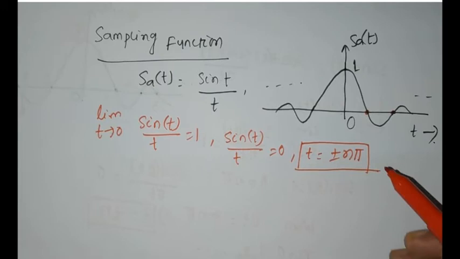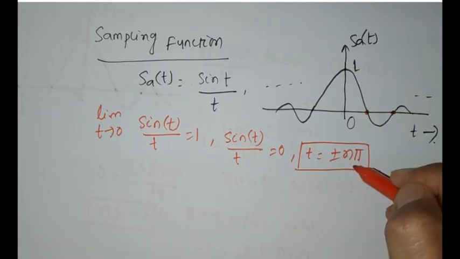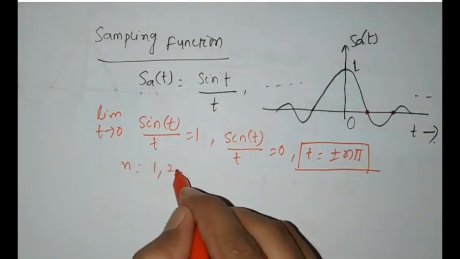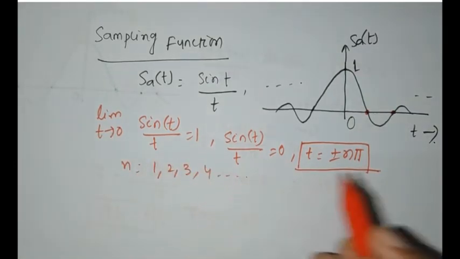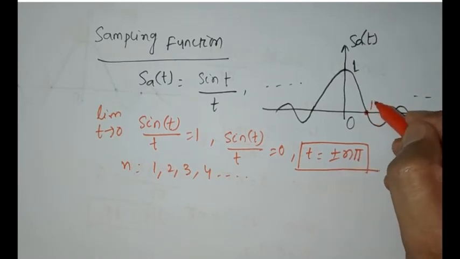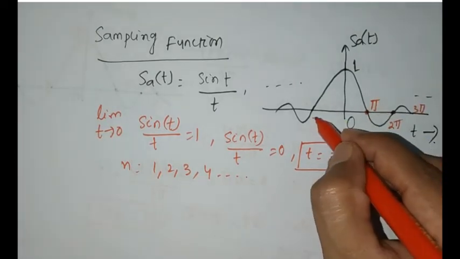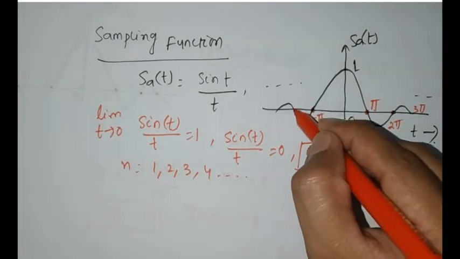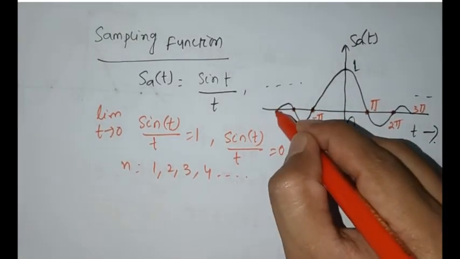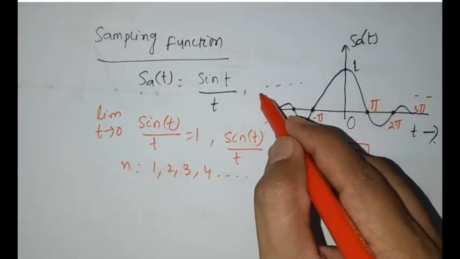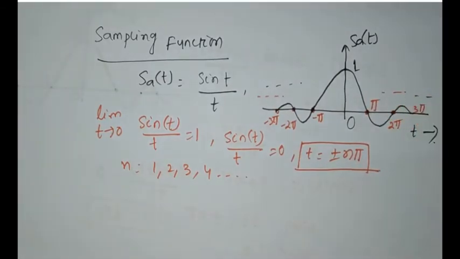Plus or minus n pi means n equals 1, 2, 3, 4, like this. So n equals 1 gives pi, 2 gives 2 pi, 3 gives 3 pi, then 4 pi, 5 pi, it will go up to infinity. And here it is minus pi, minus 2 pi, minus 3 pi, like this. On the left hand side also it will go up to infinity. So this is your sampling function.